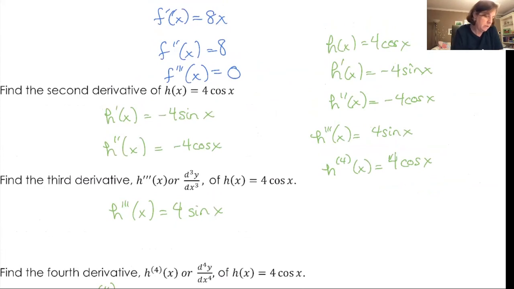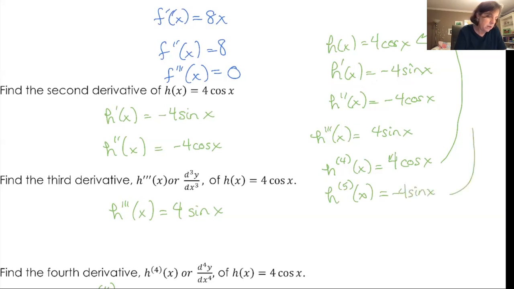Well, that's where I started, was 4 cosine x. So this is going to be a cycle. It's just going to cycle through these values: 4 cosine, minus 4 sine, minus 4 cosine, 4 sine, 4 cosine again. So the cycle is 4 long. It repeats. So h of 5 of x is going to be the same as the first derivative, so it'll be minus 4 sine x.